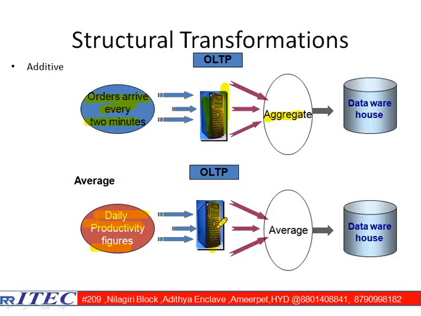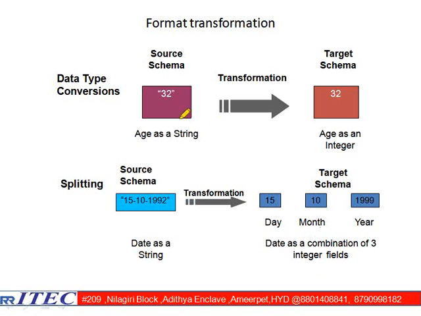That is how we get the average productivity. Converting this 2-minute data into aggregate data is called transformation, and converting daily productivity figures into the average is also transformation.